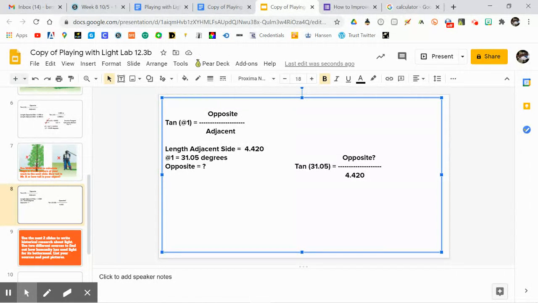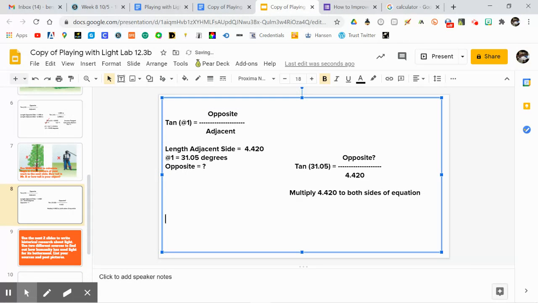Well, I need to do some algebra. I need to pretty much cross multiply. I have to multiply 4.420 to both sides of the equation. So let me just write it up.